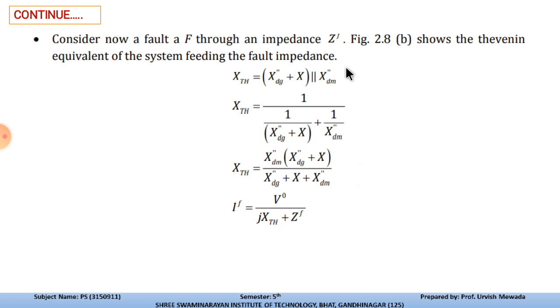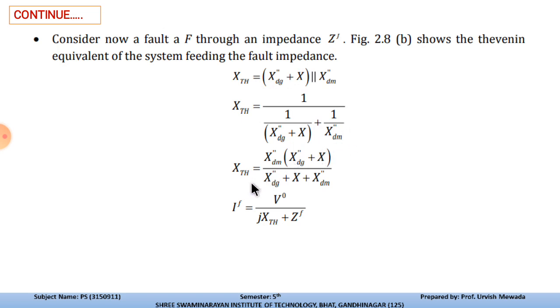From this we can write the Thevenin equivalent reactance XTH, where the reactances XDG double dash plus X are in series, and this combination is in parallel with XDM double dash. The motor reactance and the generator reactance together give the Thevenin equivalent reactance of both systems. So XTH is equal to 1 upon (1/(XDG double dash plus X) plus 1/XDM double dash).